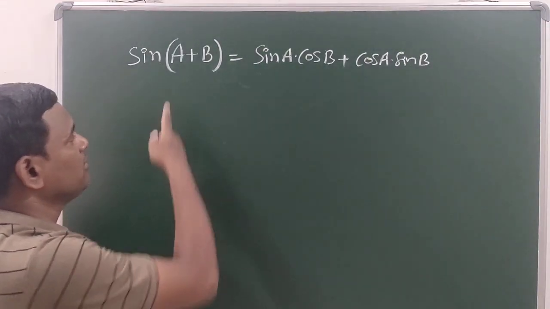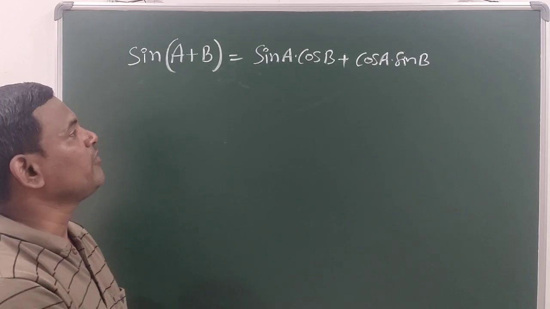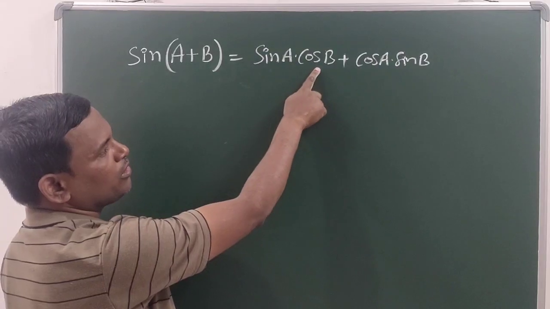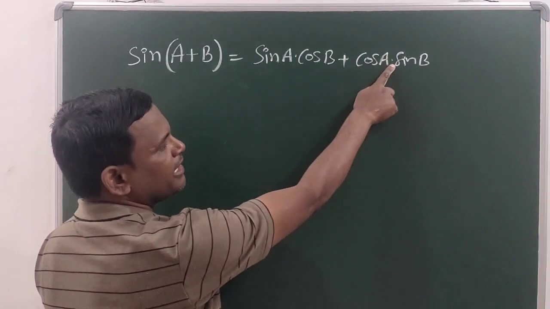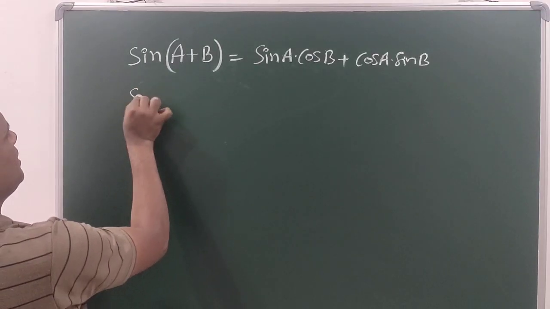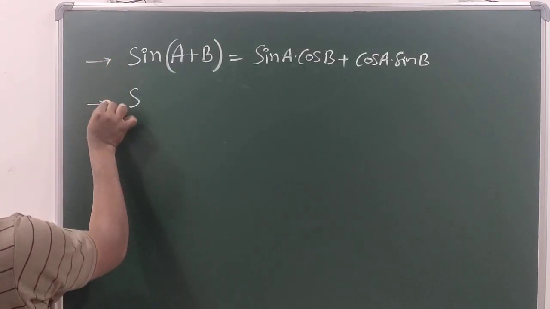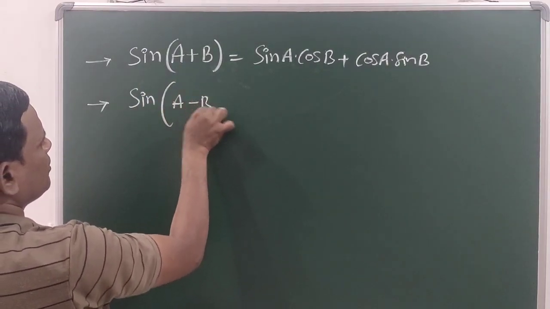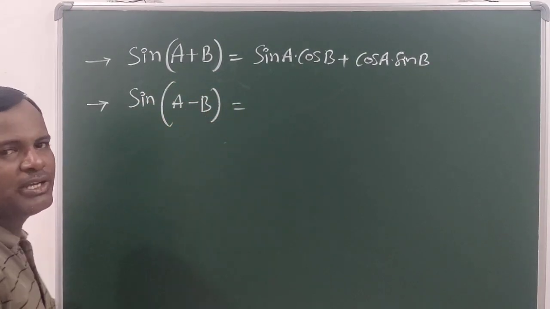So in that, the first formula is sin of A plus B, which is equal to sin A into cos B plus cos A into sin B. So similarly, sin A minus B, how do we get sin A minus B?